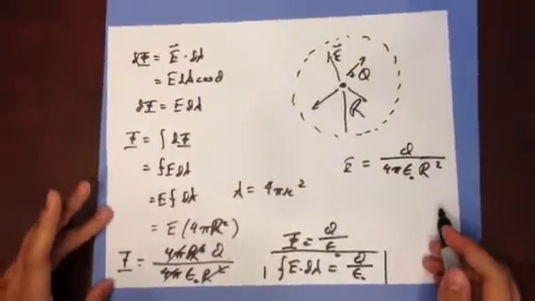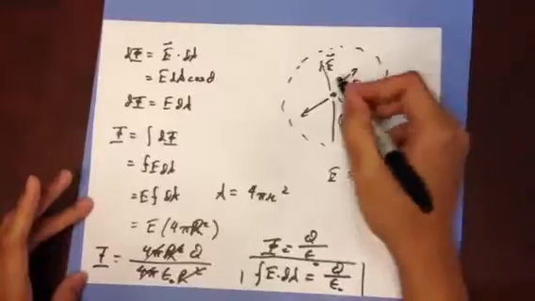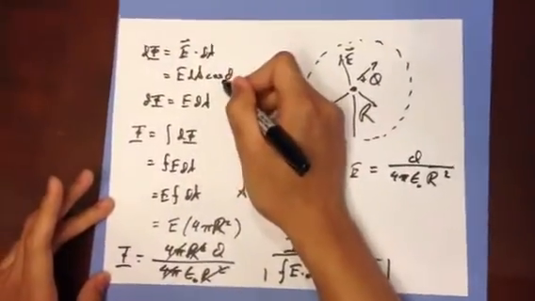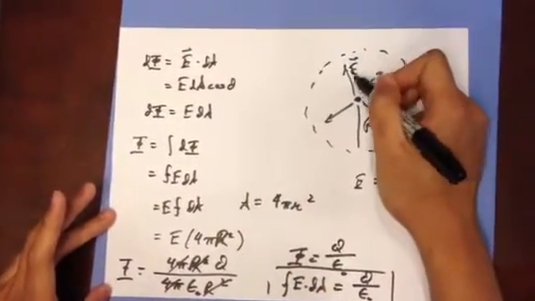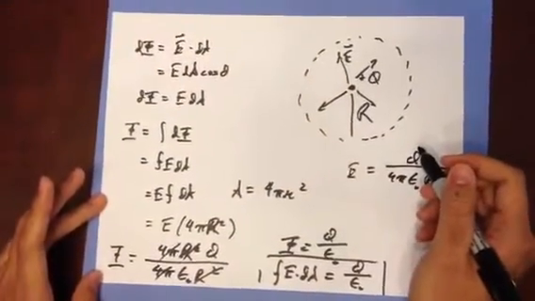For example, in the example where we just derived it, we could get rid of the cosine theta because the electric field would be perpendicular to the surface at all points, and that's not always going to be the case. So generally, you're going to want to use Gauss's law when the shape of your charge is very uniform, so you can get that cosine theta to equal 1.